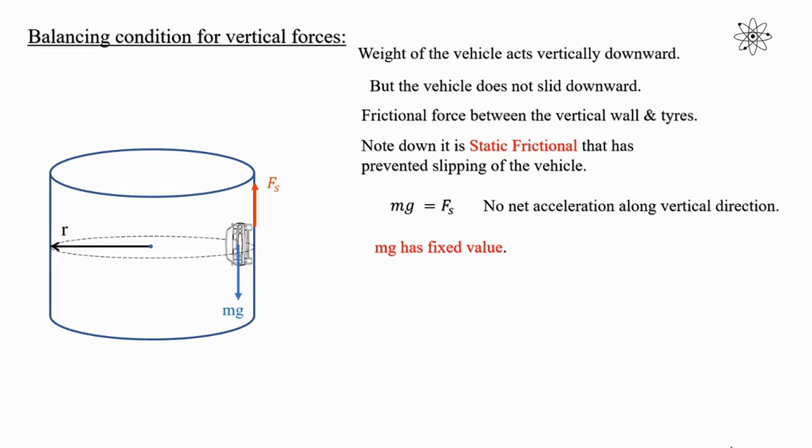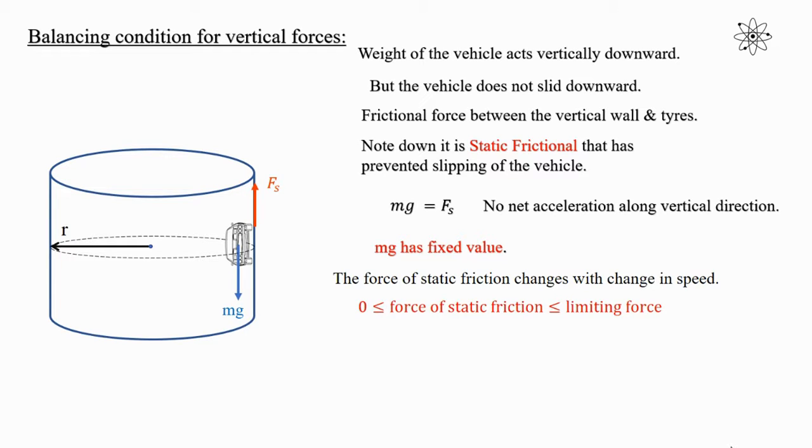But mg, that is the weight of the vehicle, is a fixed value. So what is variable is the force of static friction. The force of static friction changes with the change in speed. It can take any value between 0 and the limiting force depending upon the value of the speed.